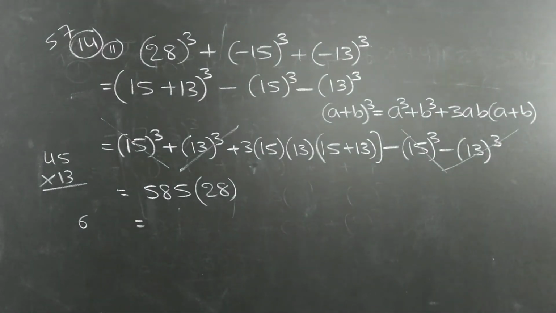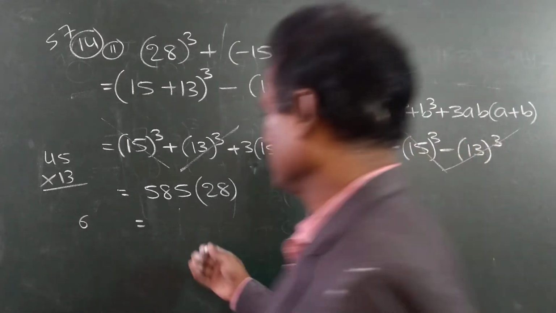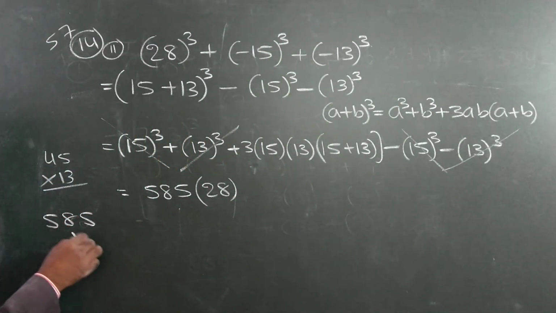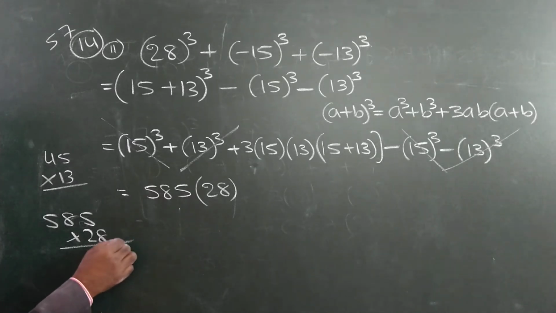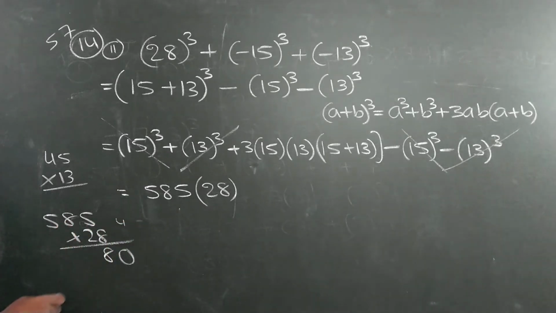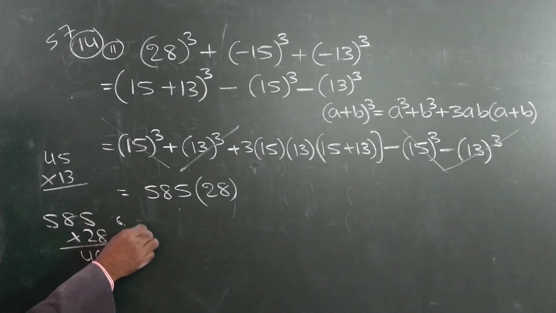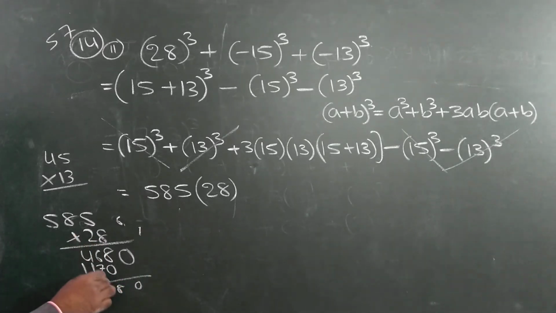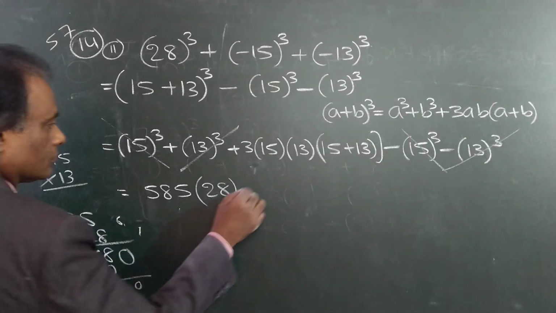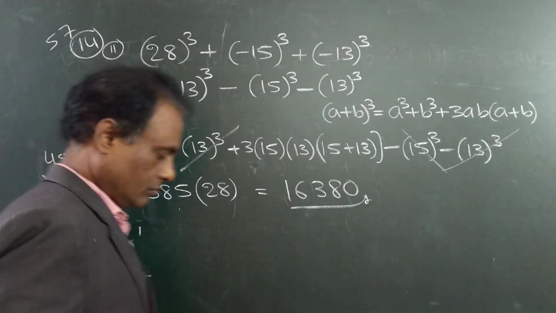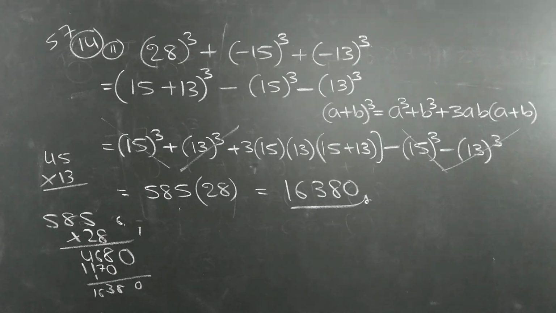Multiply the two and that will be your answer. 16,380 is the answer. Over. Write the third bit.